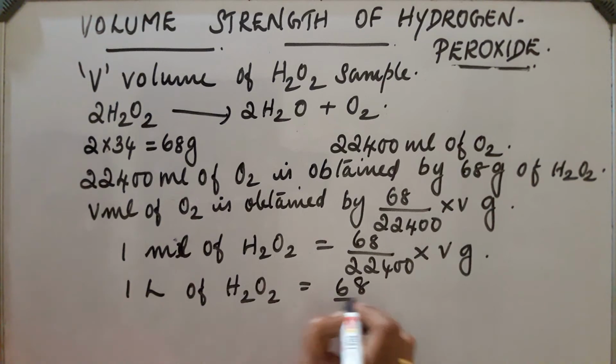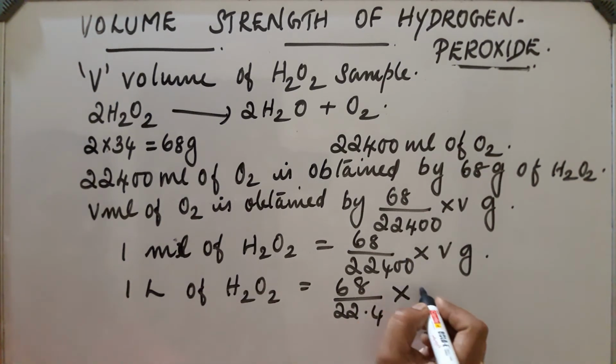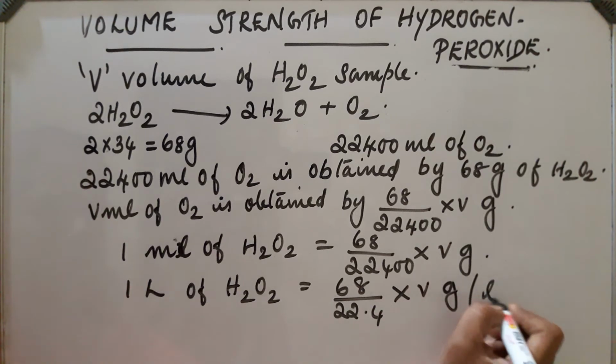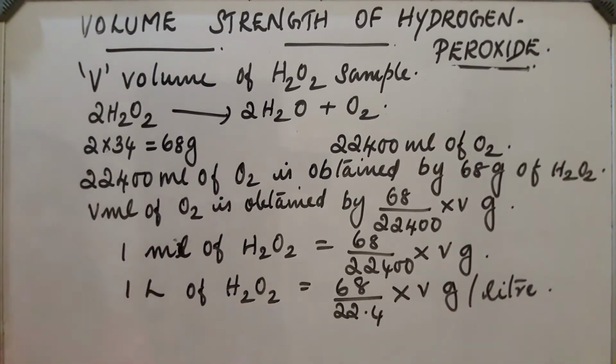So 68 by 22.4 into V gram per liter. This will be the volume strength of H2O2.